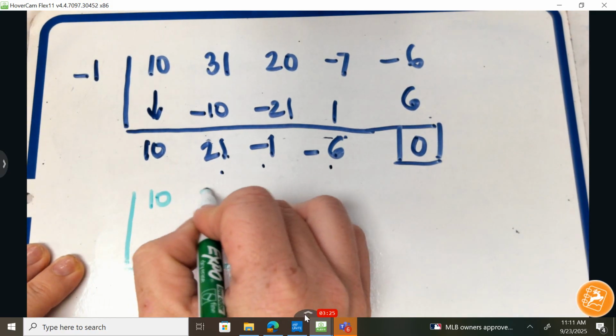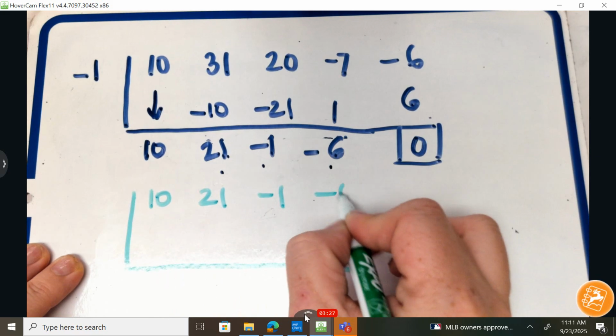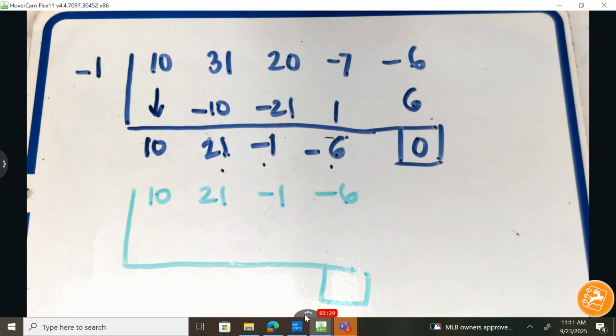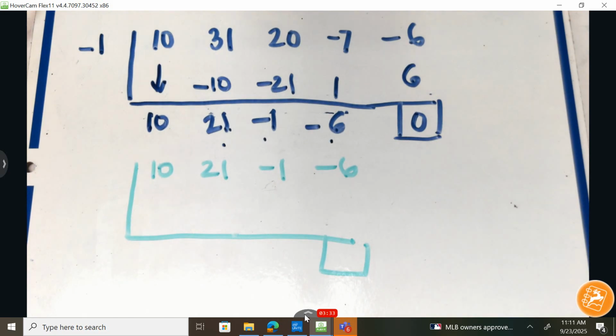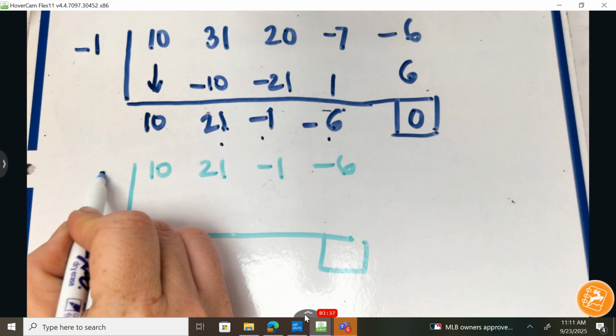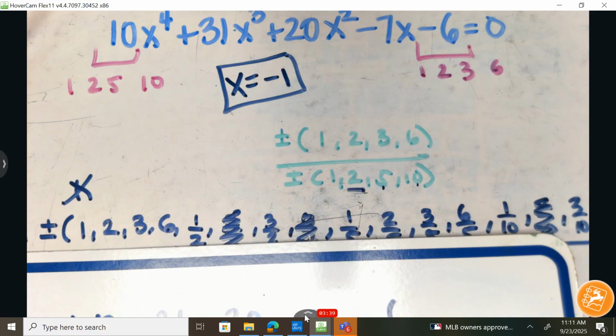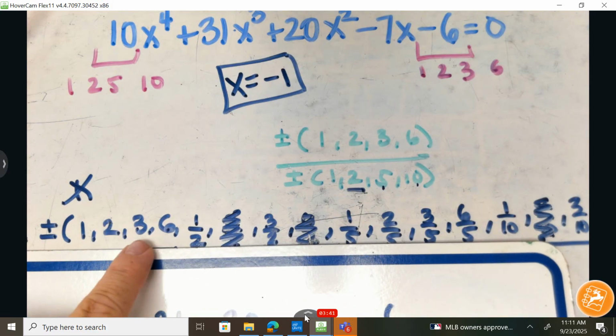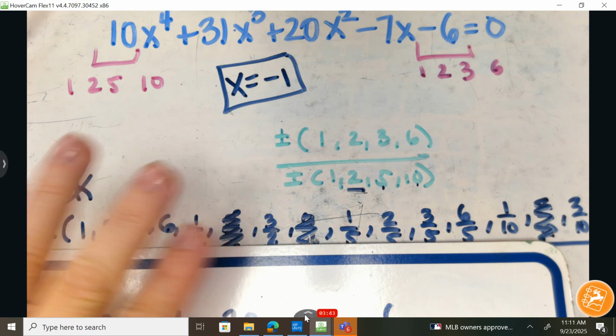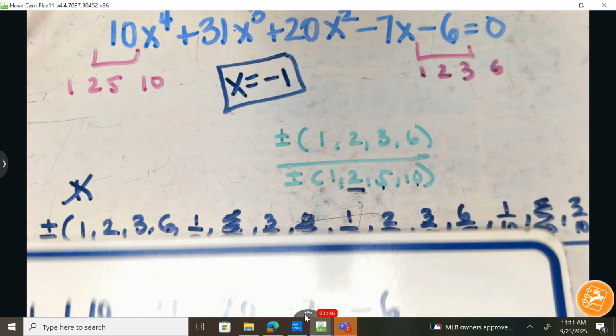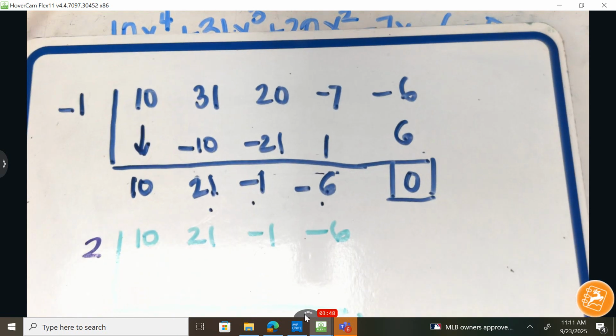So 10, 21, -1, and -6. Now, I've tried 1. It does not work. I don't need to try it again. I've tried -1, and it could work again if there's duplicates, but let's go ahead and try 2 and -2 first. I will definitely try the integers, 3, -3, 6, -6, and if they don't work, before I try any of the fractions, I would come back and try -1, just to make sure there's not a duplicate.